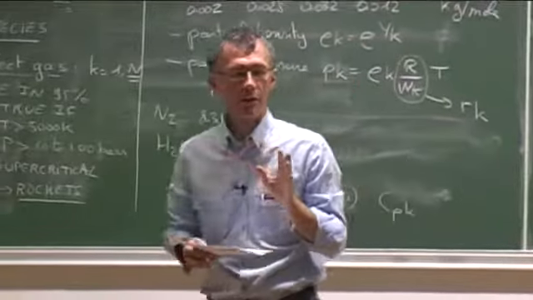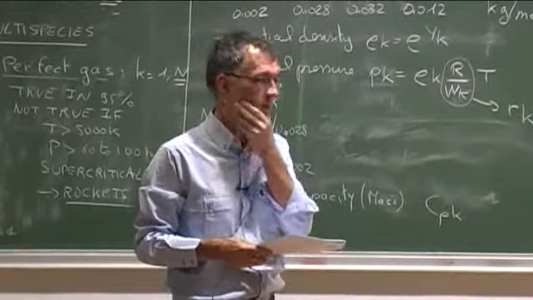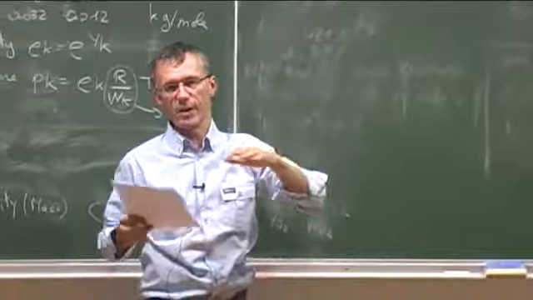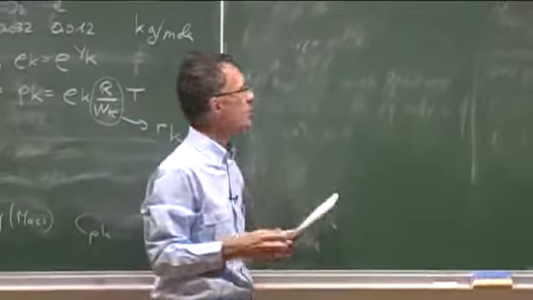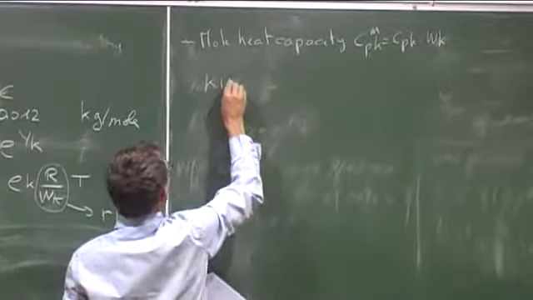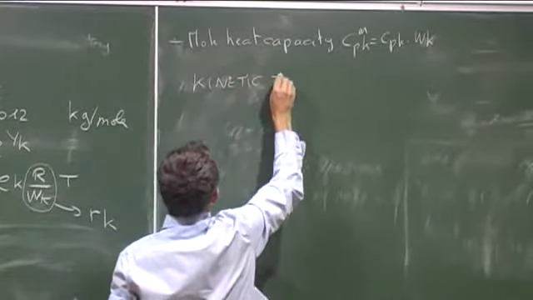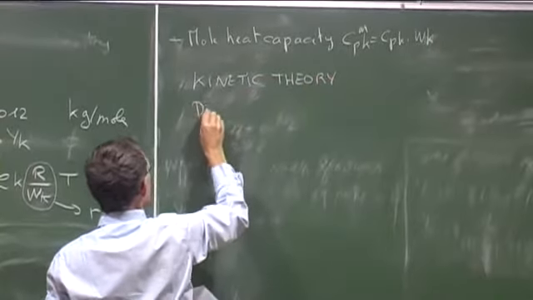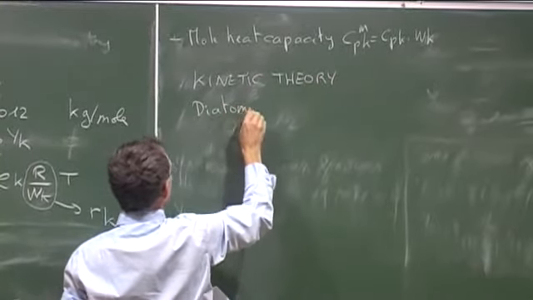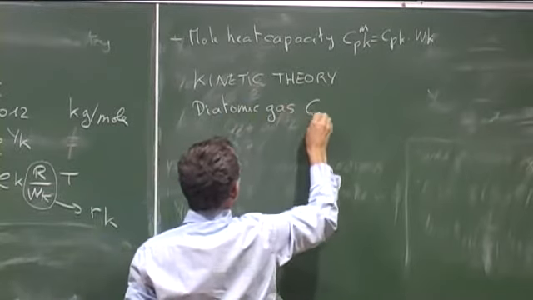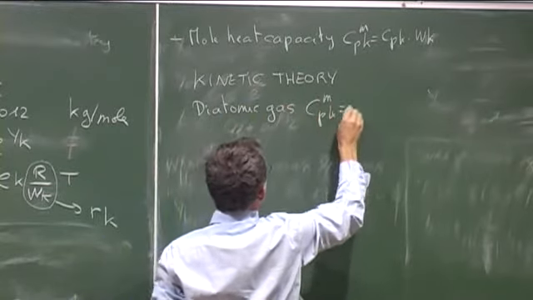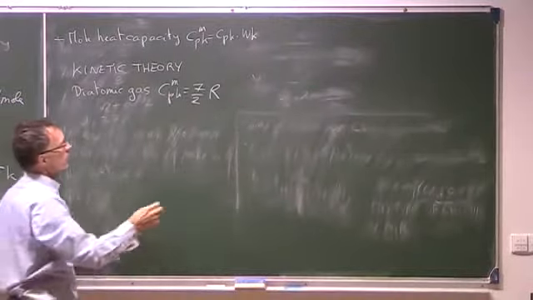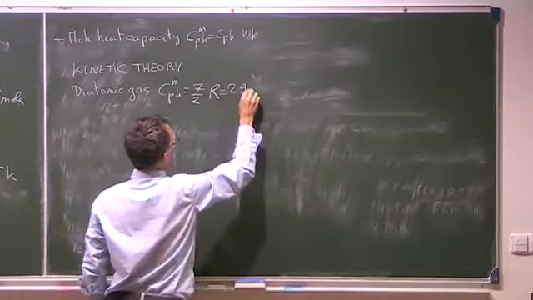So if you remember what you learned in the thermodynamic courses a few years ago, you have heard about this guy before. You know, for monoatomic gases, diatomic gases, we have a nice theory, which is the kinetic theory of gases. And kinetic theory tells you, for example, that for a diatomic gas, CPKM is 7/2 of R, which in international units gives you 29.